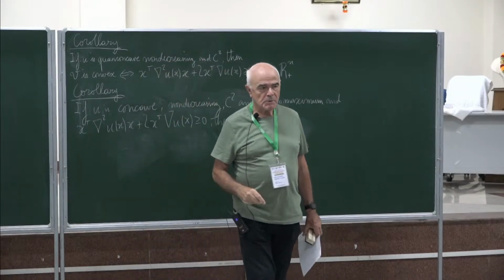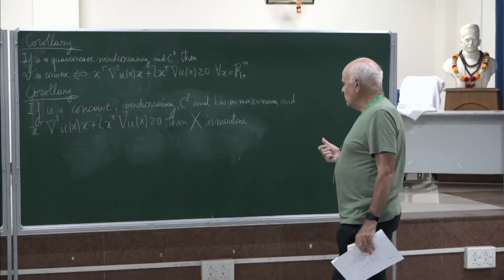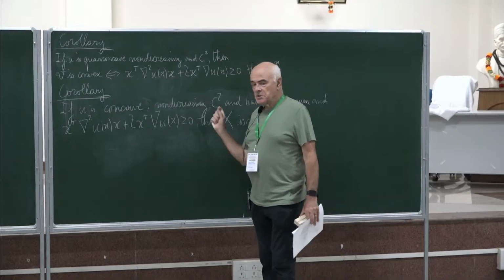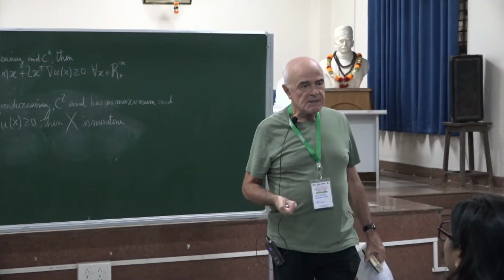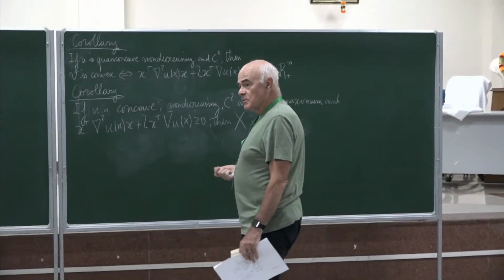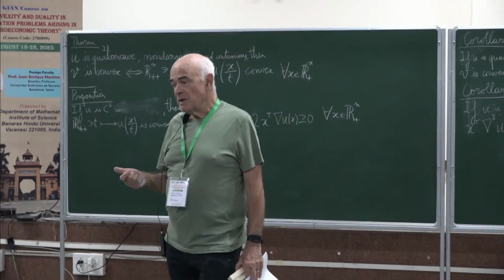So I'm using that result. U is concave and has no maximum. Well, here I need two extra conditions: non-decreasing, which is natural, and C2, which is a technical assumption, because we need to work with derivatives. Derivatives is our main tool.